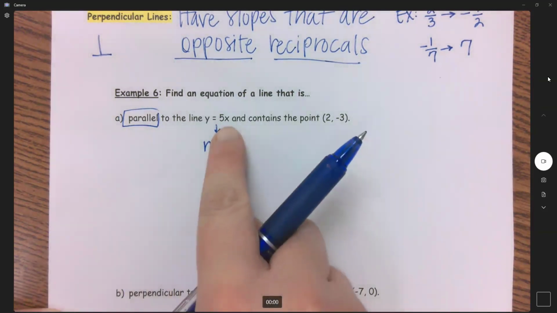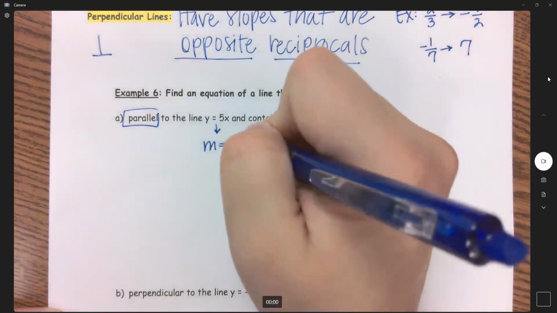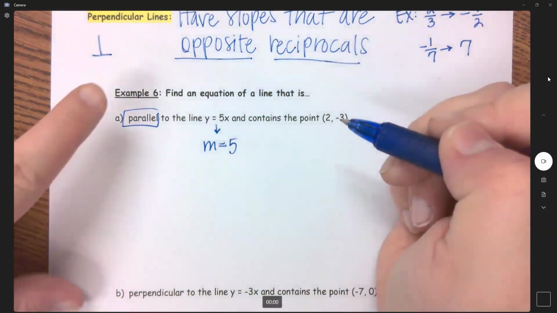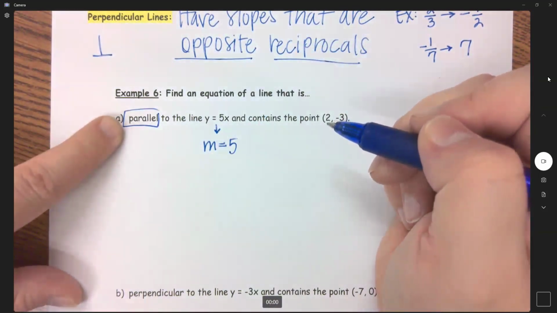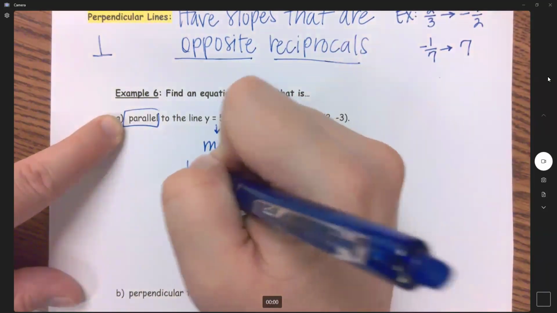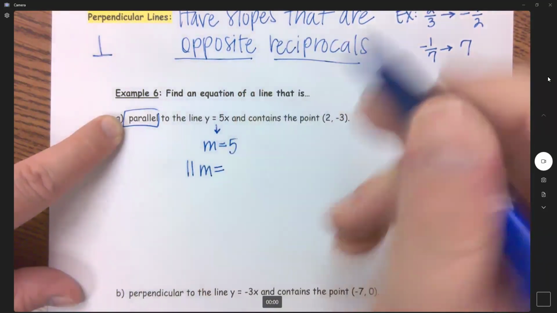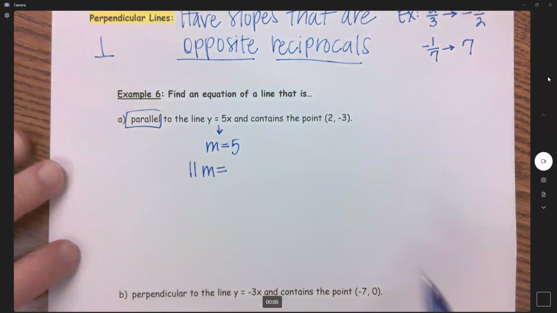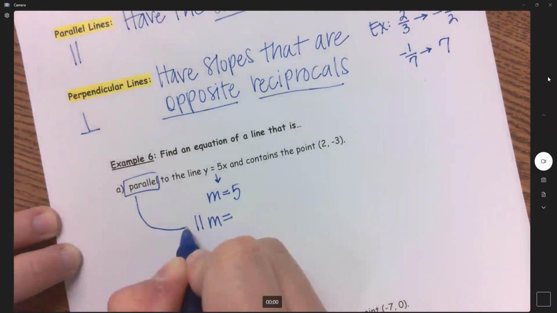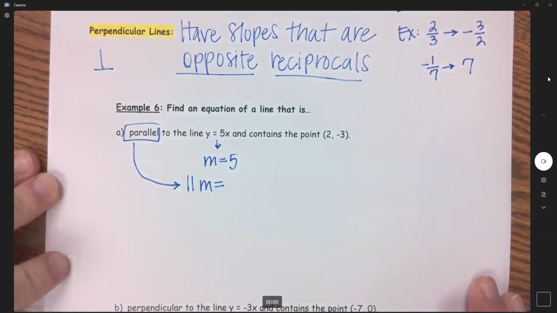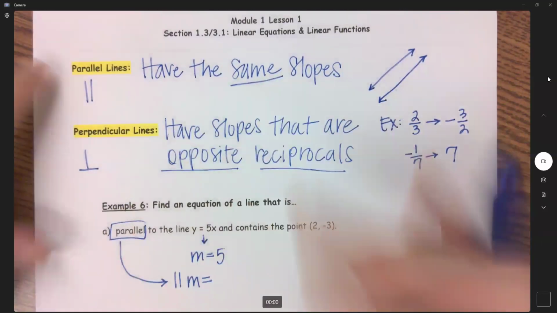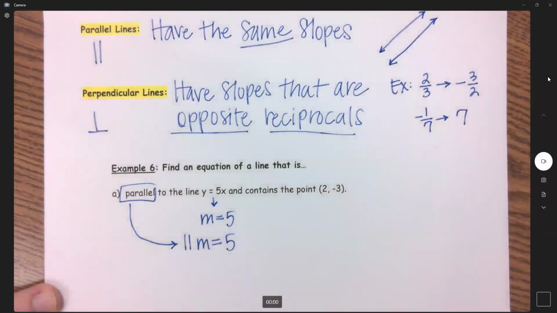Slope is whatever's in front of that x. So my slope here is 5. Because I want a parallel slope, what would my parallel slope be if my slope here is 5? Well, parallel lines have the same slope, so I also need a line with a slope of 5.